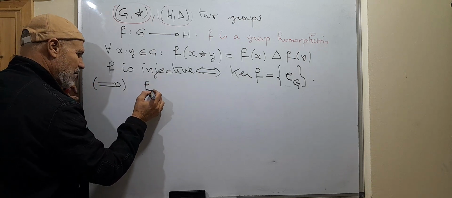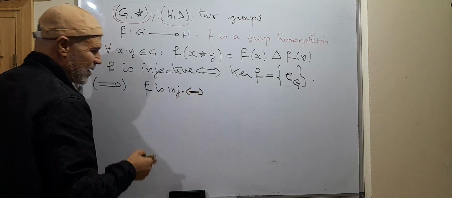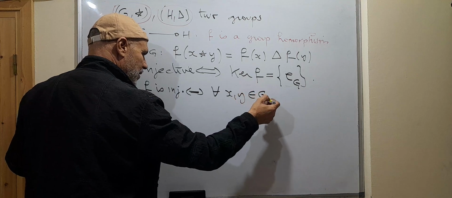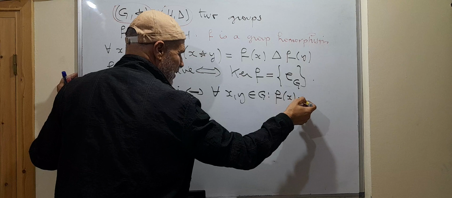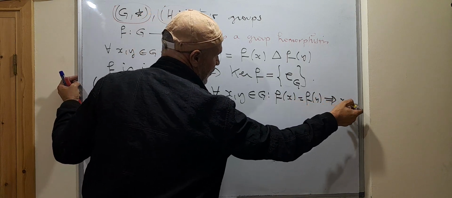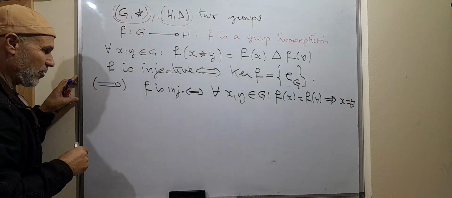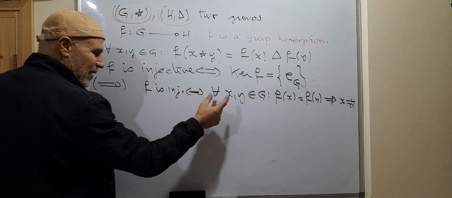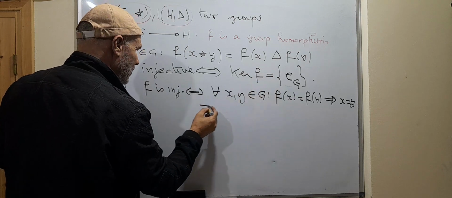So we suppose that f is injective, which means that for all x and y from G, once we have f of x equal to f of y, this implies that x is equal to y. This is the definition of injectivity of a function. We suppose that this is true, and we prove that we necessarily have this result.